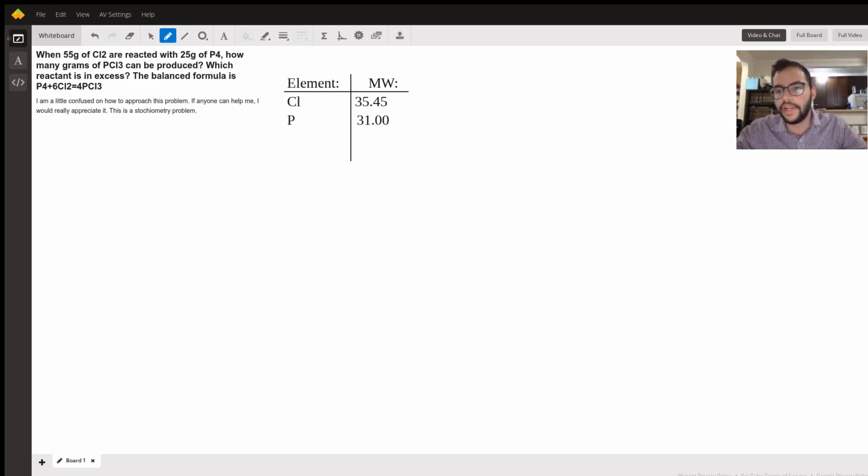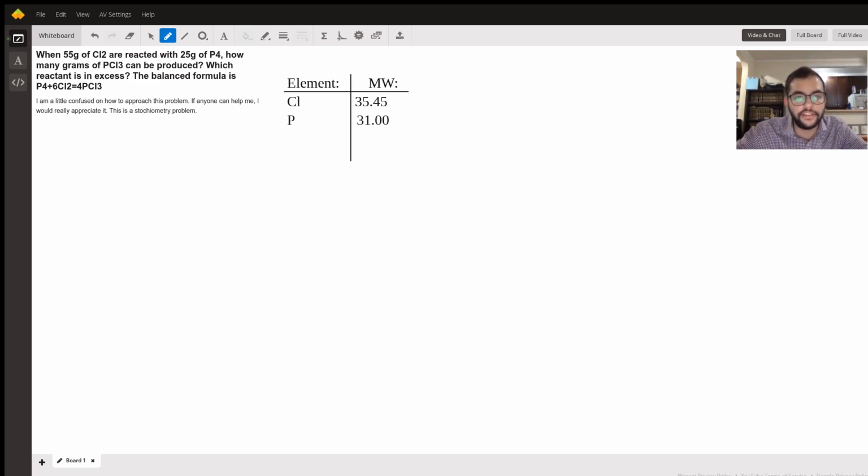So in order to know how many molecules you have rather than a weight, you have to first convert to moles. To do that, you have to look up on the periodic table what the weights of the different elements in your reactants are.